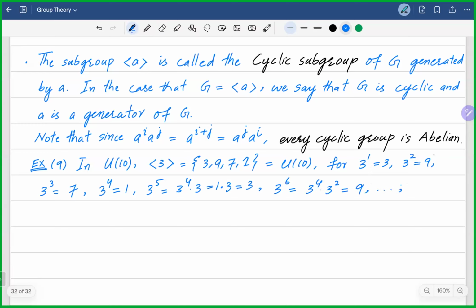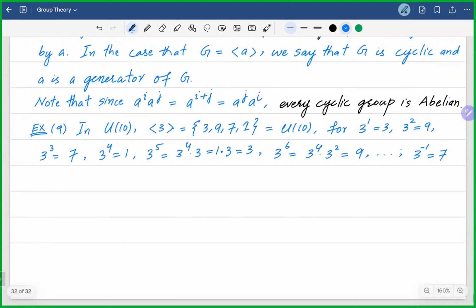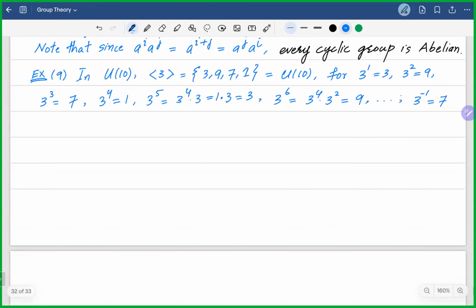In this case, 3 power minus 1 is 7, since 3 times 7 is 1, and 3 power minus 2 is 9. 3 power minus 3 is 3, 3 power minus 4 is 1 again.